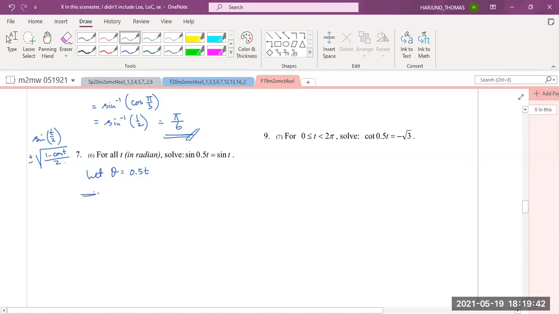So the equation becomes sine theta equals sine 2 theta. So 2 sine theta cosine theta minus sine theta, factor the sine theta.